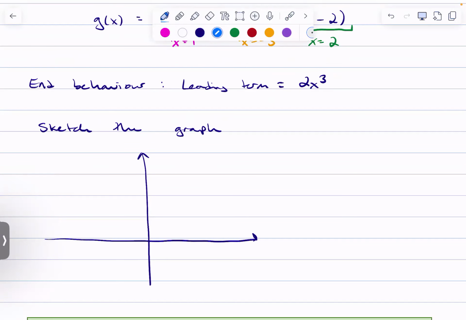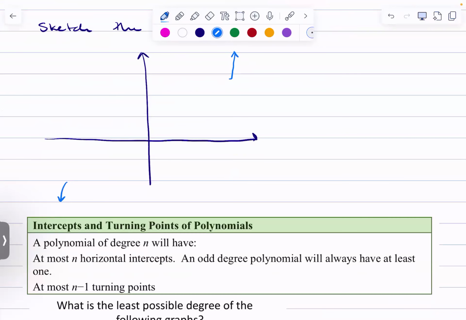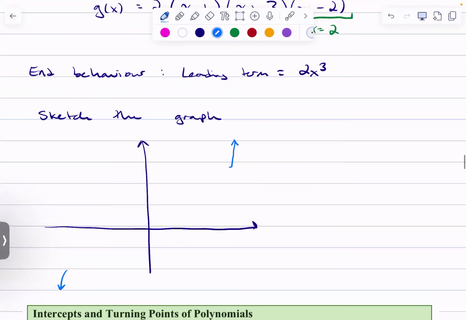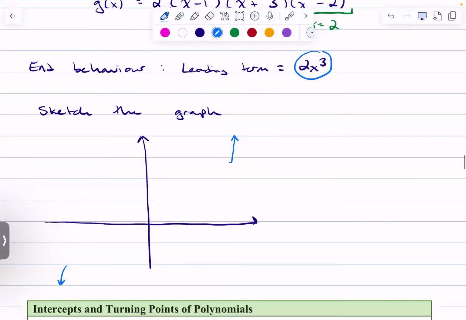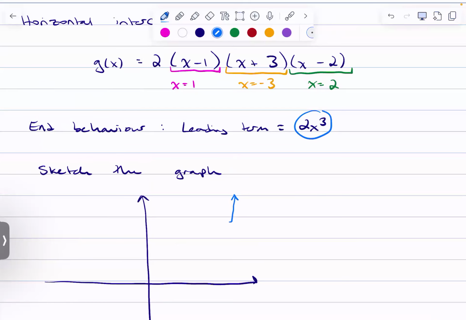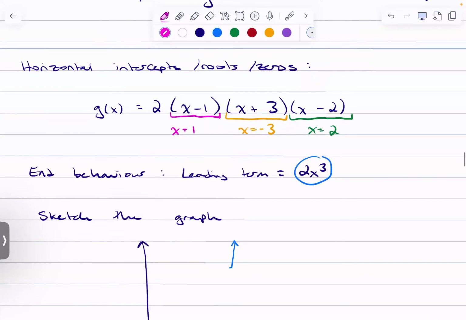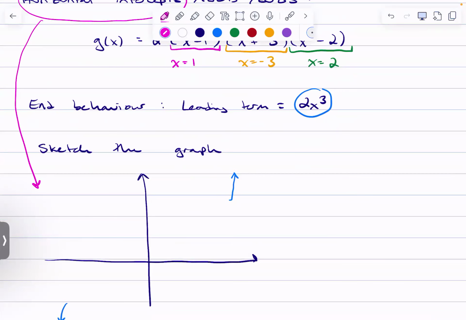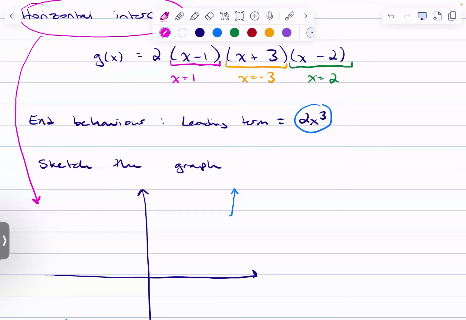I know it should look something like this. What else do we know? I'll do the horizontal intercepts in pink, because I'd say they're kind of the hardest.